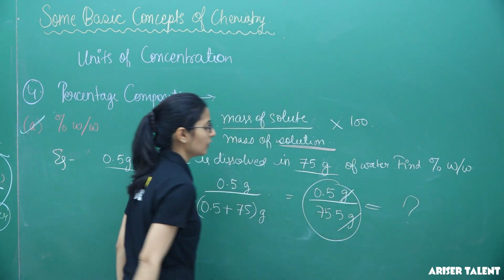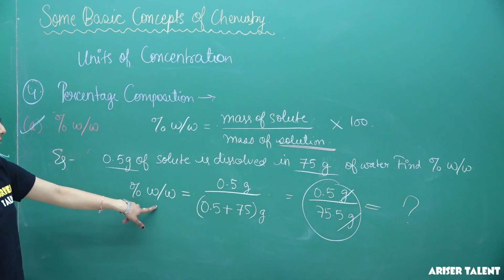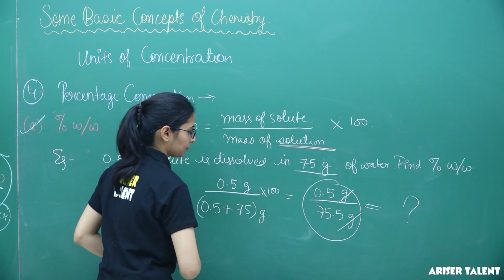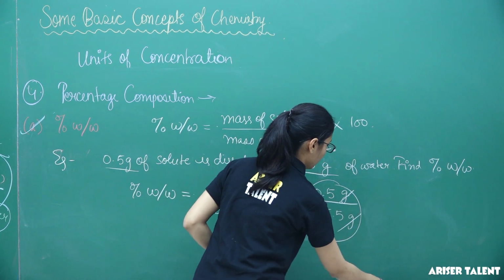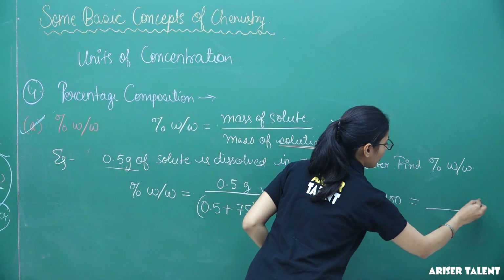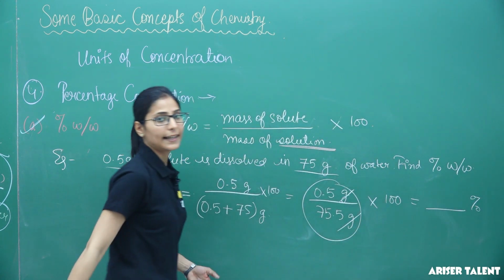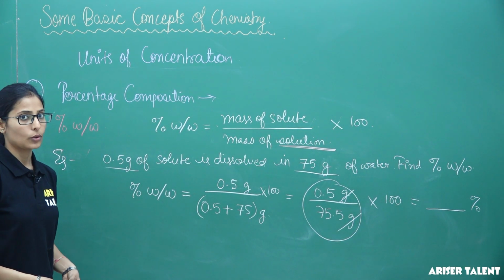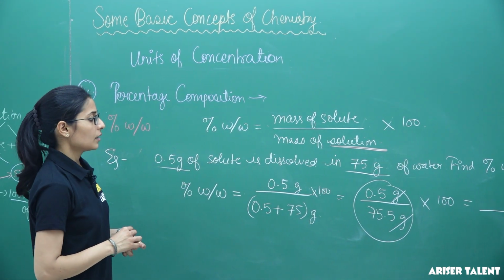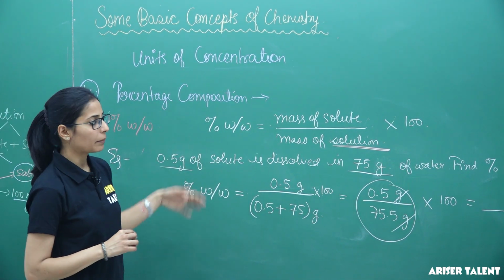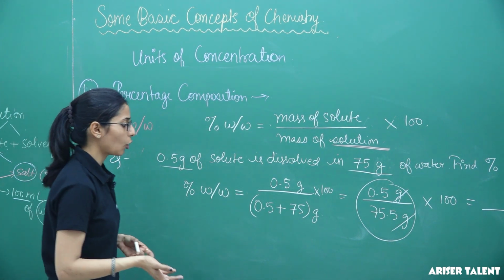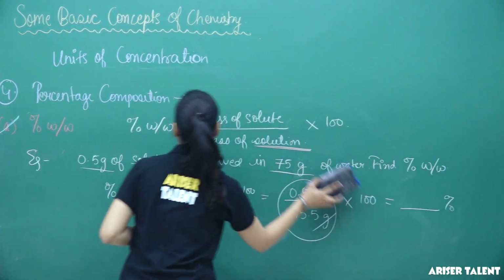Whatever the answer is, you also have to multiply it with 100, and that will be the percentage weight by weight of the solute in the solution. Okay. So, I think this is fine. We have completed this topic of percentage composition. Now, let us move to another topic, which is parts per million.